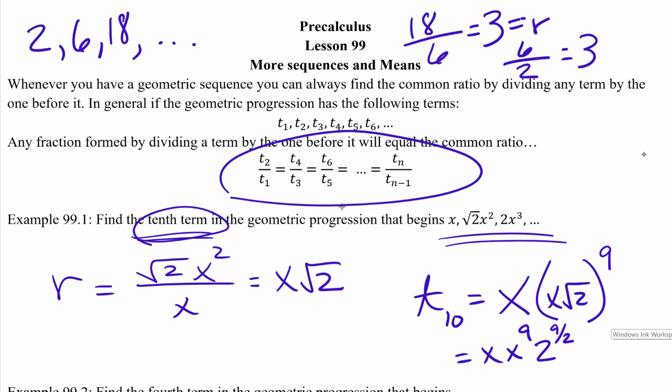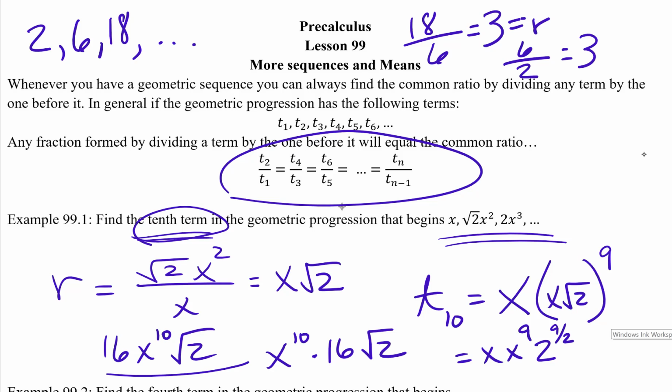Another way to write that would be x to the 10th times, since 9 halves is 4.5, 2 to the 4th would be 16, and then another square root of 2. So I would probably write it 16 x to the 10th square root of 2, but it's pretty ugly no matter how you write it.